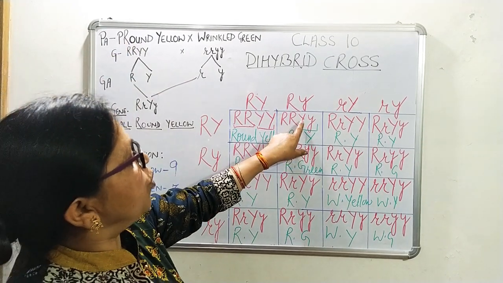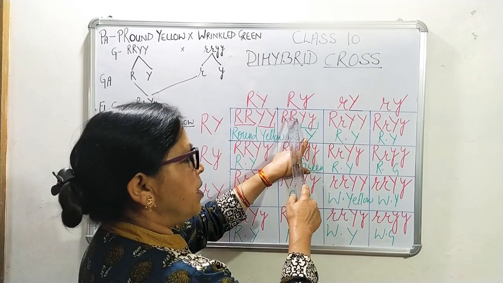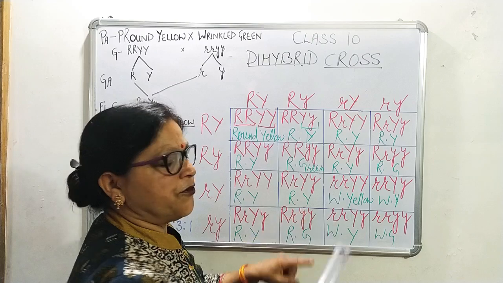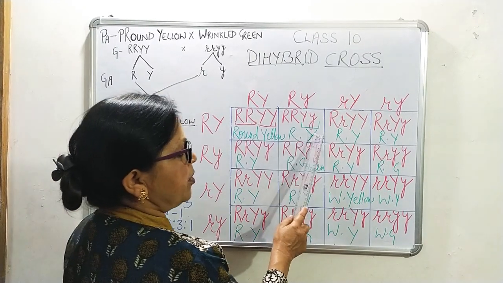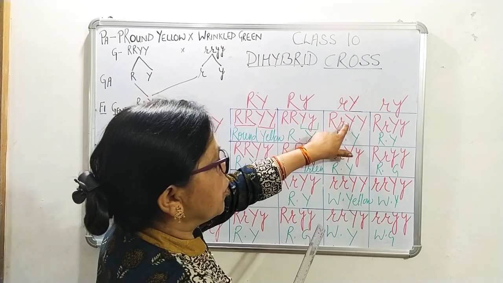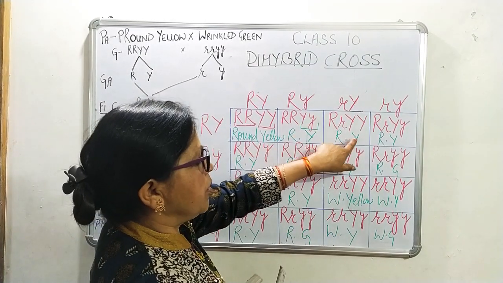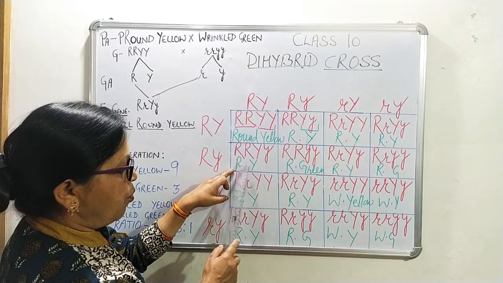But if one is capital, in this combination you can see R is round, capital Y and small y, only one Y is there, but it is sufficient to express itself. So it will be round and yellow. Here again, both are heterozygous, but it will be showing the dominant trait. So round, yellow. In this way you can read round, yellow.